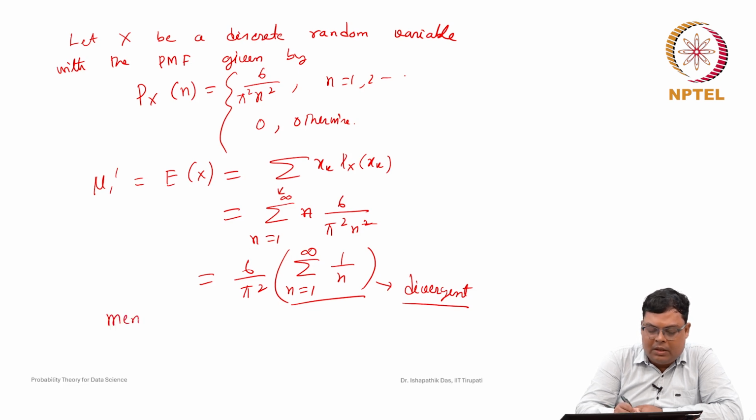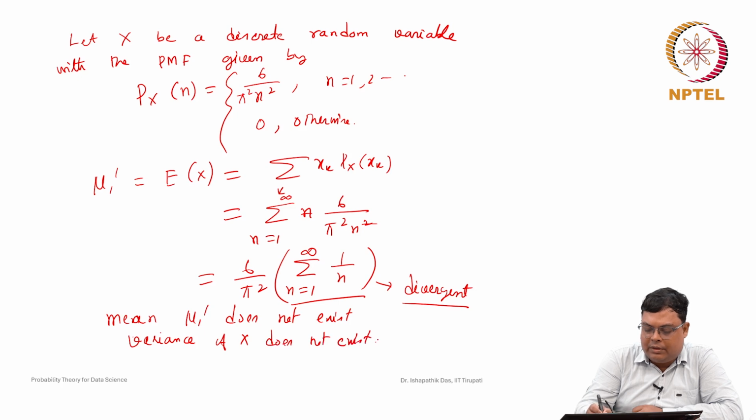So, the mean mu 1 dash does not exist. Hence, sigma square, the variance of x, also does not exist.